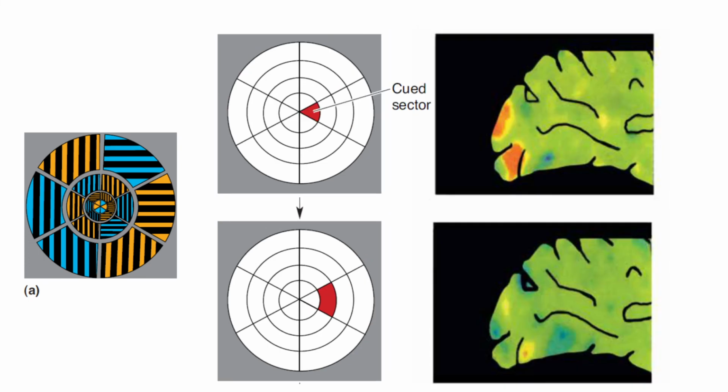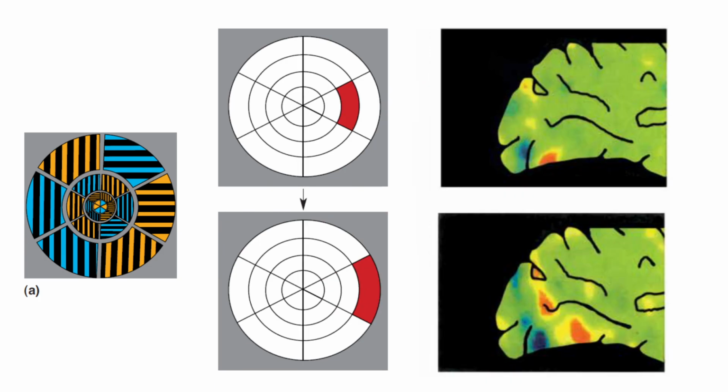So you can see in the previous image the activation is in the occipital lobe, and then as you move away from the center in the image, the activation in the brain goes from the occipital lobe to the temporal lobe.